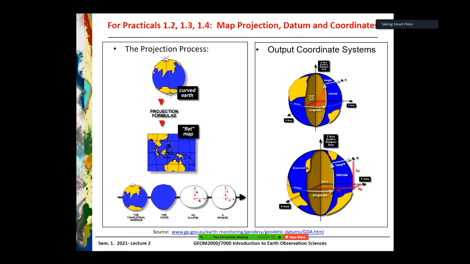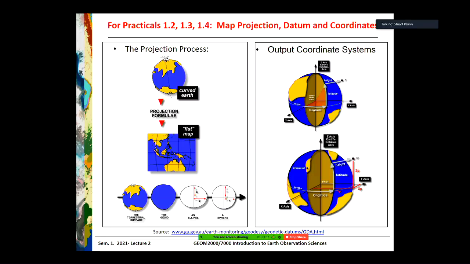And that means that we can look at it in a spatial context, where it is and when it actually happened. If we're looking at data that's collected over an area, particularly image data and others, there are some key things you need to know. If the terms projections, datum and coordinate don't mean anything to you, you've got a fair bit of reading to do over the next week or two to get up to speed on those things.